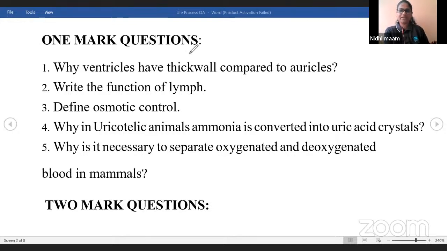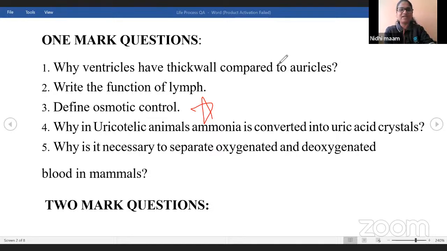Good, Shreya. It fights against the harmful agents which have entered our body, which are dangerous to our body. That is the right one. For 1 mark, one function is enough. The other is to carry proteins and nutrients which are required to the blood. So that is the function of lymph.